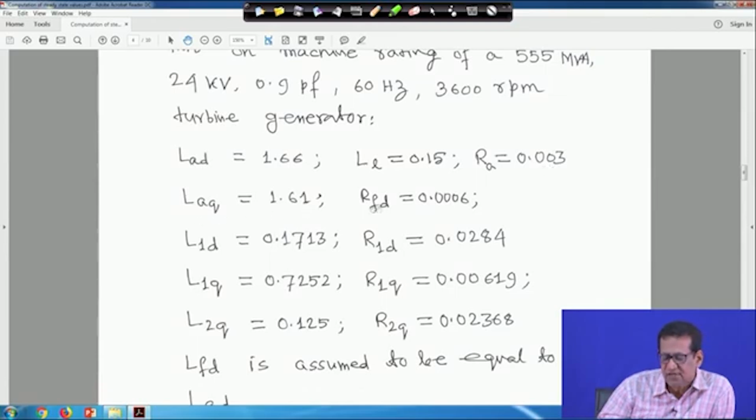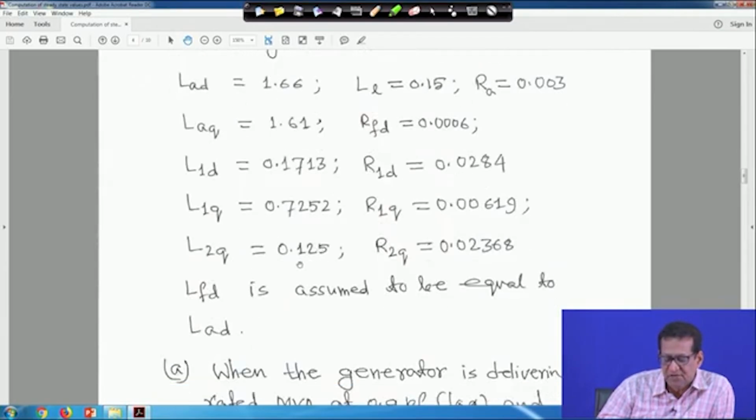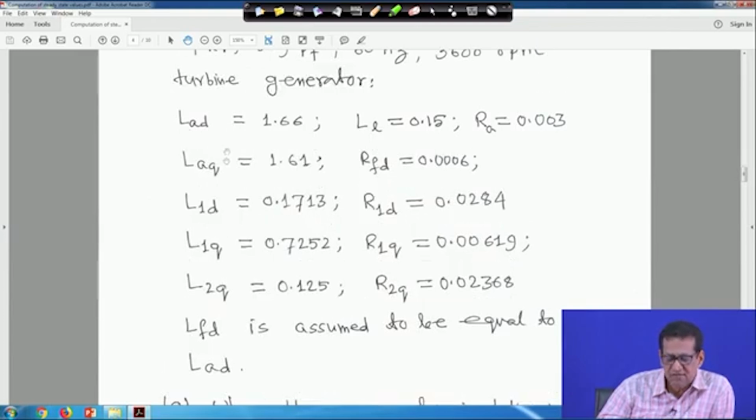LAQ is 1.61, RFD 0.0006, L1D 0.1713, R1D 0.0284, L1Q 0.7252, R1Q 0.00619, L2Q is given 0.125, R2Q 0.02368, right. LFD is assumed to be equal to LAD, right. So, LAD is given, and it is assumed that LFD is equal to LAD.